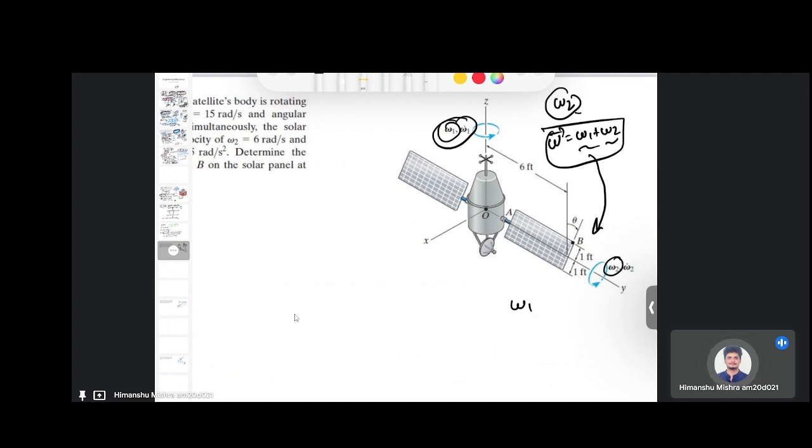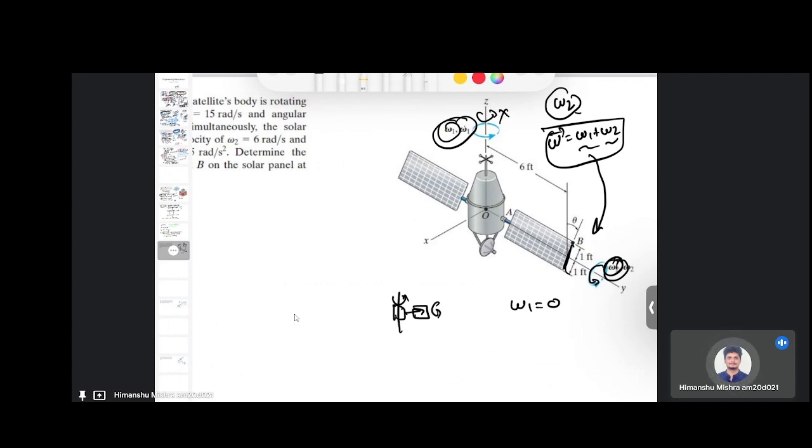Only in the case when omega 1 is 0, which means the satellite is not rotating, is the resultant rotation of the solar panel given by omega 2. But since we have another angular motion about the z axis, which is the angular motion of the satellite, the satellite is rotating and at the same time the solar panel is rotating in some other direction.